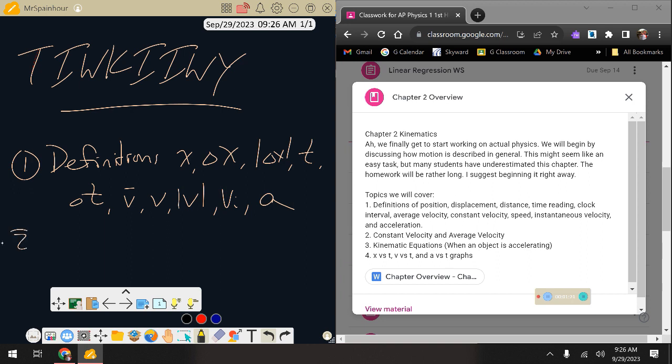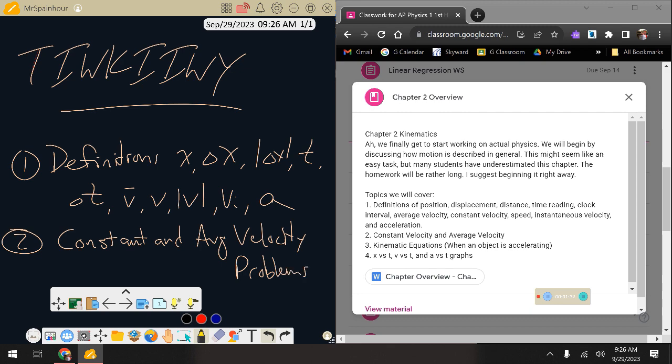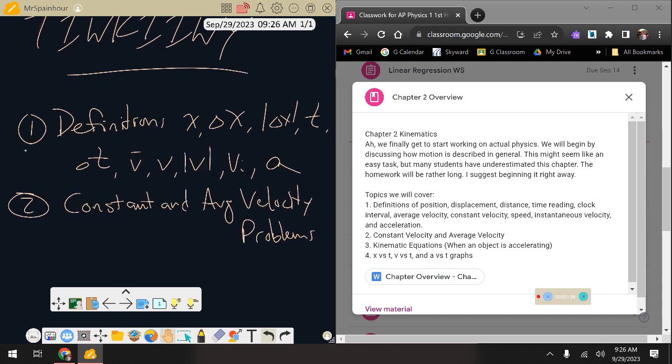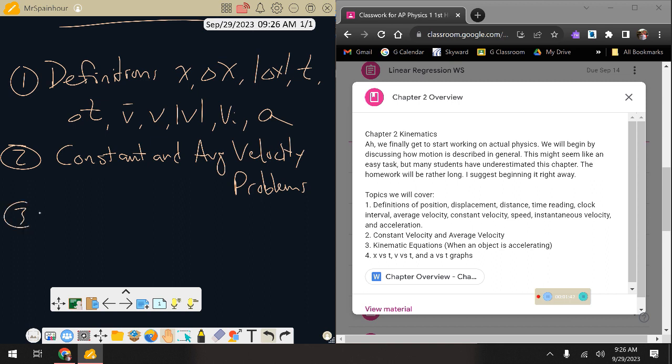Number two, constant velocity and average velocity problems. Number three, kinematic equations, specifically when the object is accelerating, because technically the constant velocity equation is a kinematic equation as well, and you've got to know when to use it in its particular place.